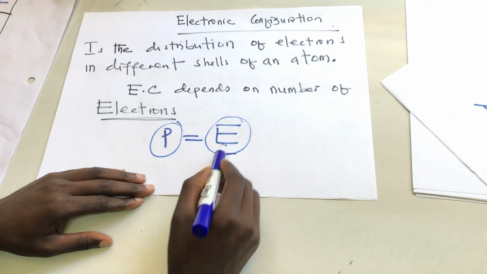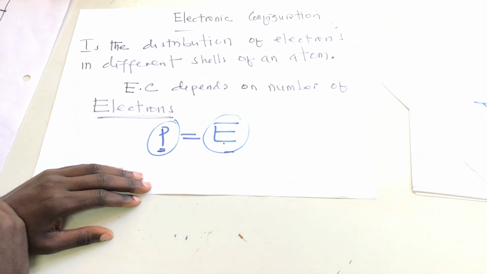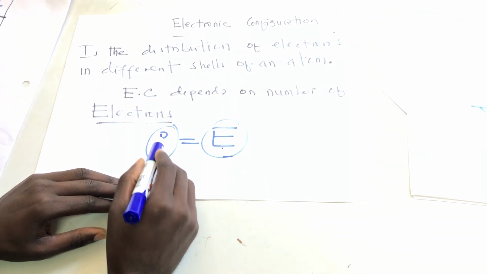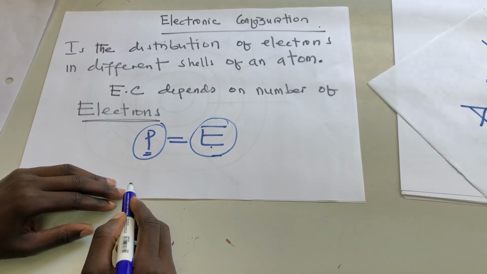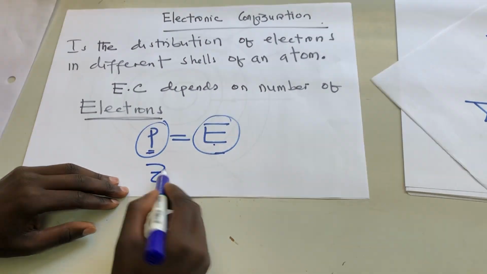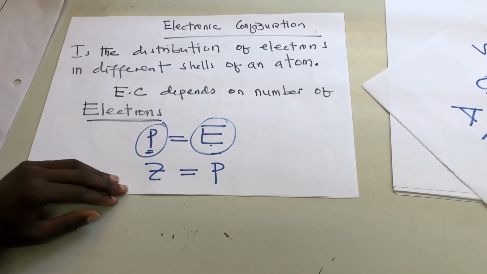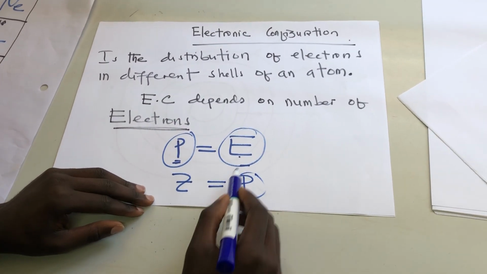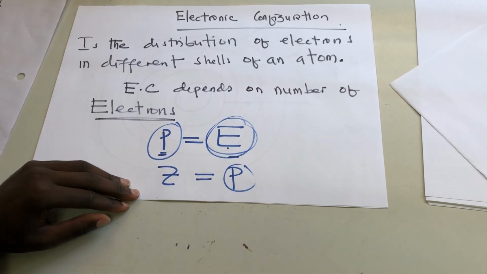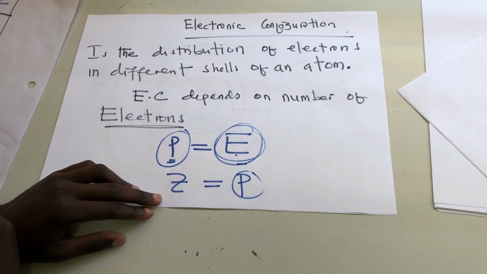So electrons number depends on proton number. The same proton number depends on atomic number. So ukiwa na atomic number itakuwa ni rahisi kuweza kudetermine proton number. Lakini pia ukiwa na proton number itakuwa ni rahisi kuweza kudetermine electrons number.